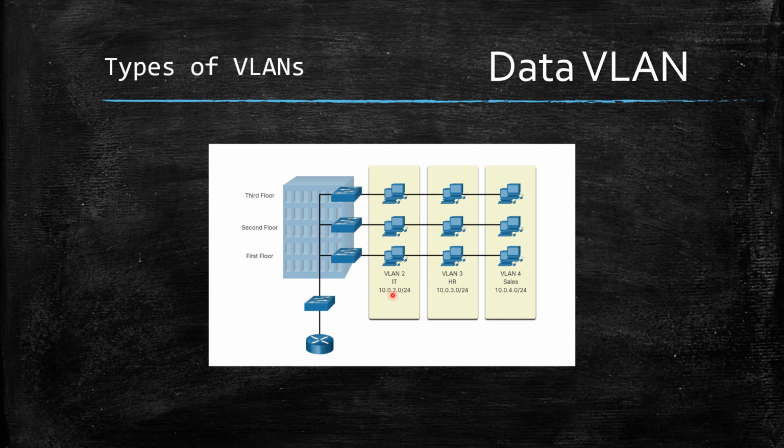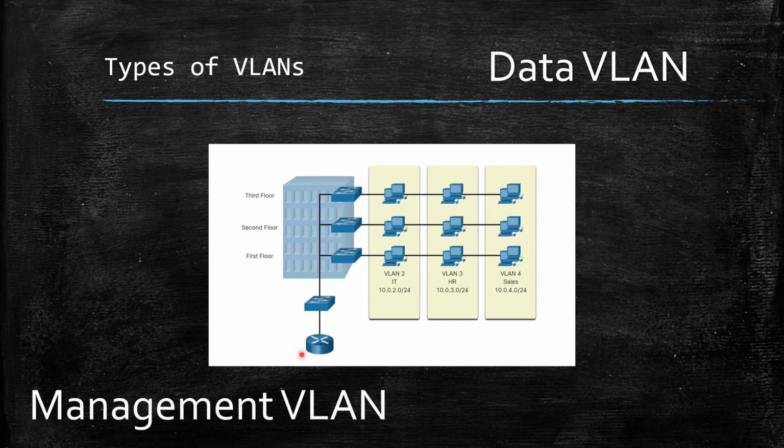As you can observe, VLANs 2, 3 and 4 given in this figure are all data VLANs, which means they are configured manually by the network administrator, and they serve the purpose of separating out the user-generated data traffic on the network. So that is data VLAN.